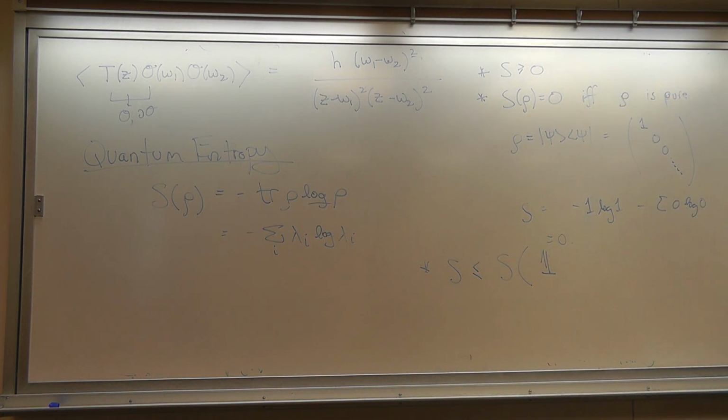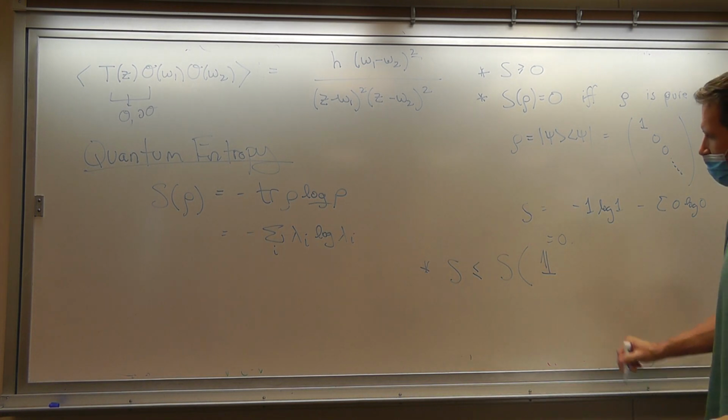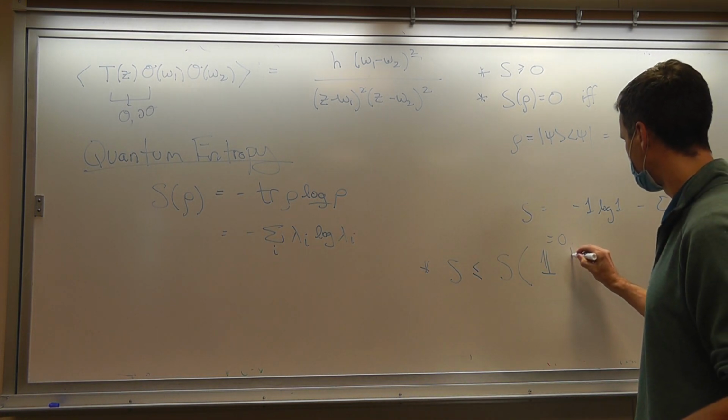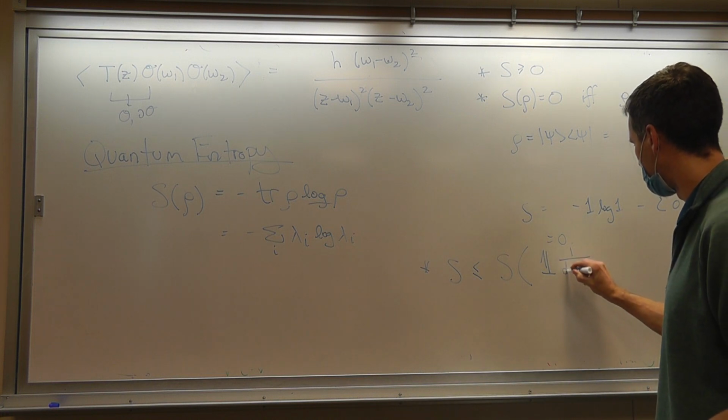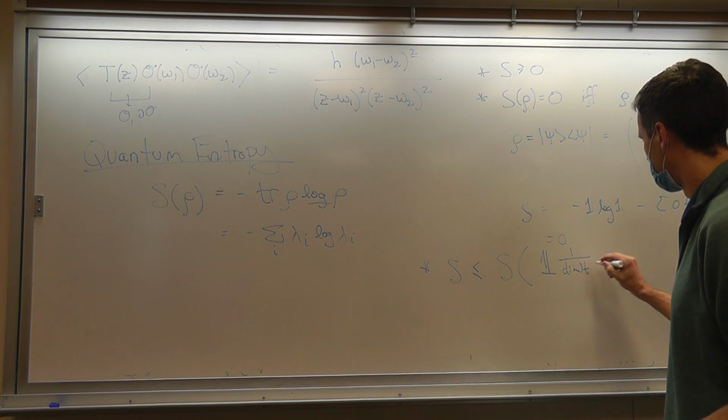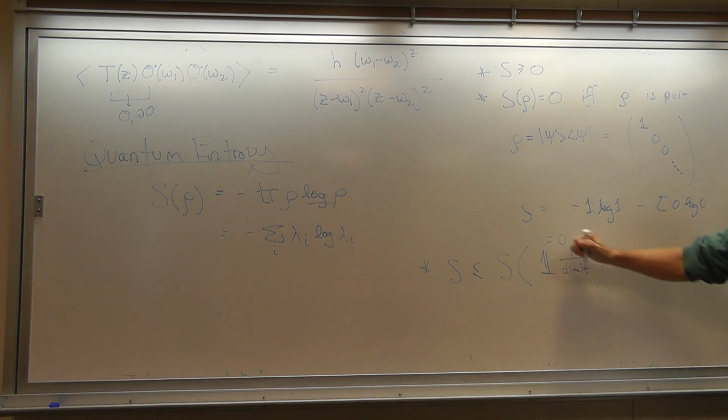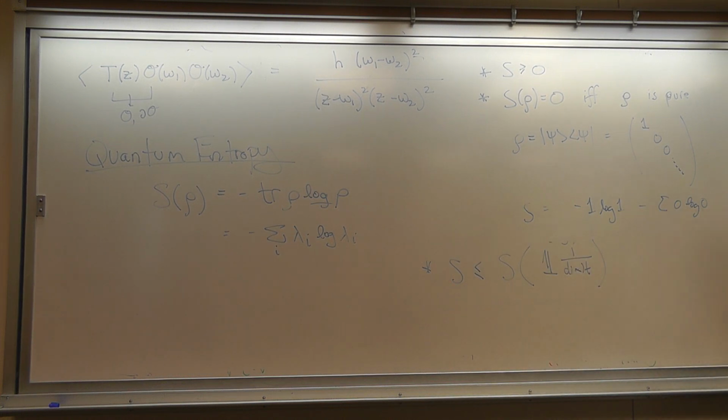But we're talking here about normalized density matrices, so they need to have trace 1. So the maximally mixed state is the identity times 1 over the dimension of the Hilbert space. So this is the maximal entropy that you can get in Hilbert space H.